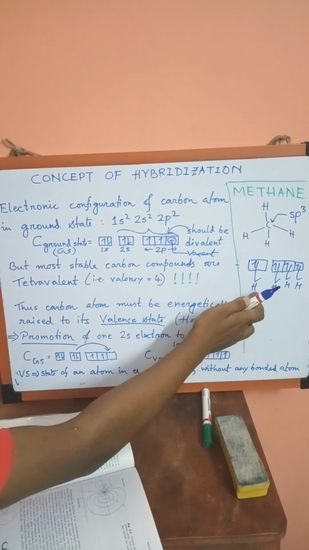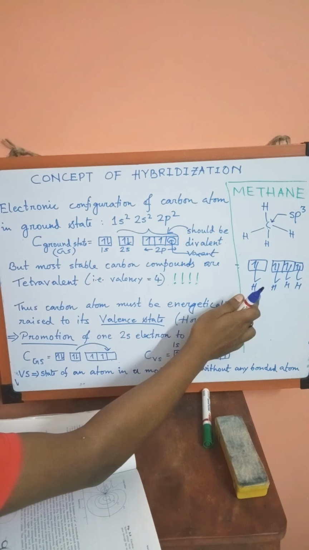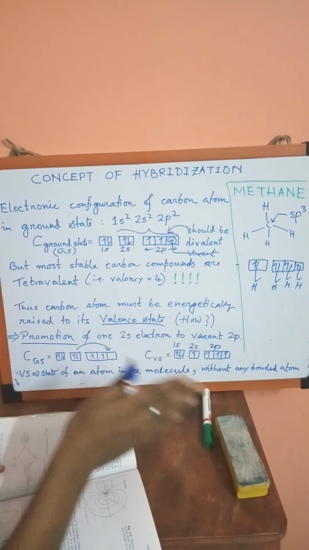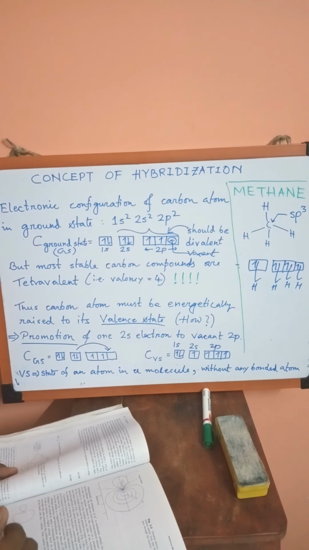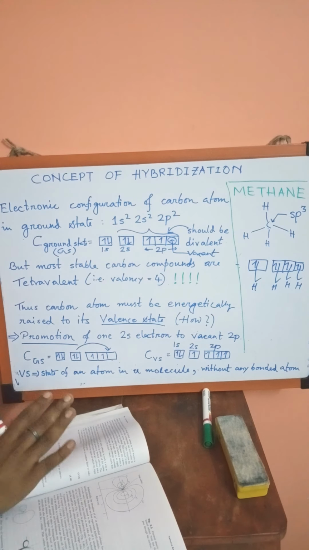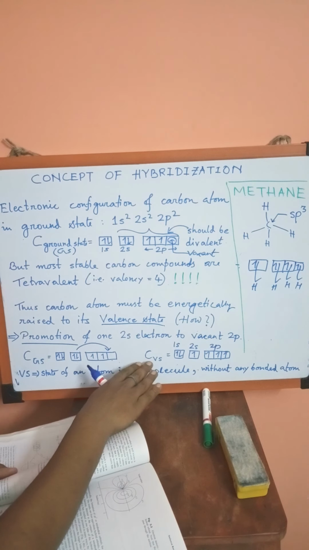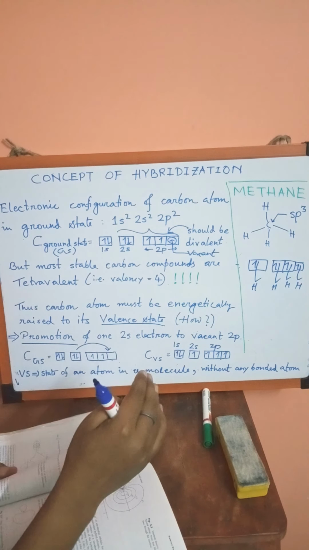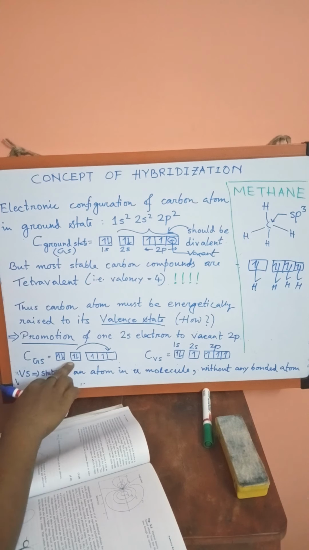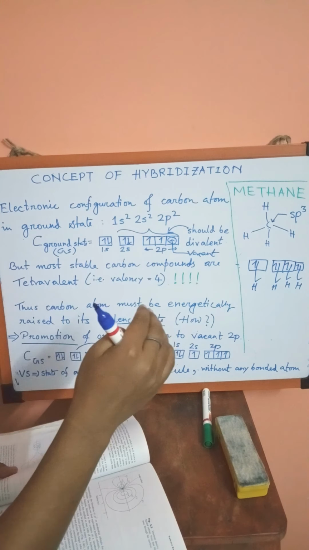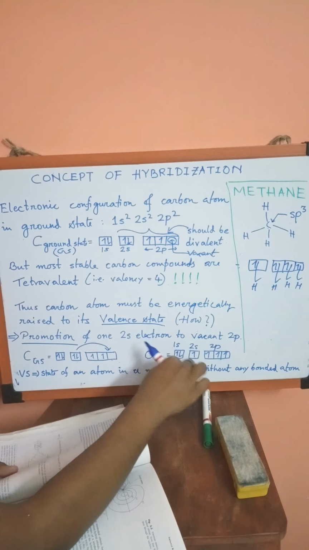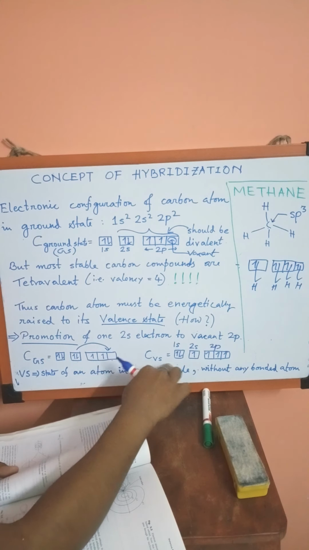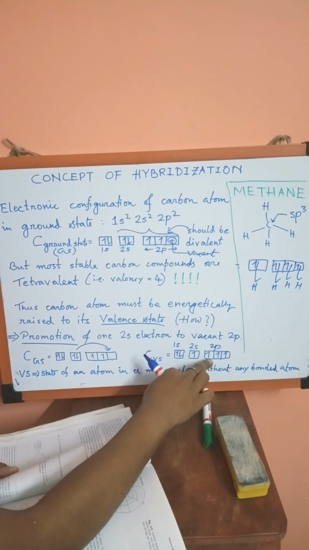Until now we have promoted the carbon ground state electron to its excited level, called the valence state, and this is the valence state or excited state electronic configuration of carbon.